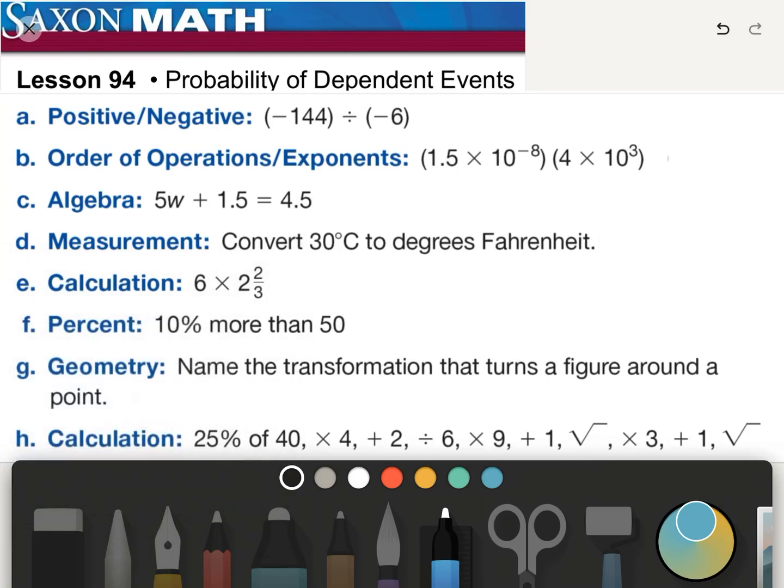Calculation. 6 times 2/3. Well, 6 times 2 is 12, and 2/3 of 6 is 4.